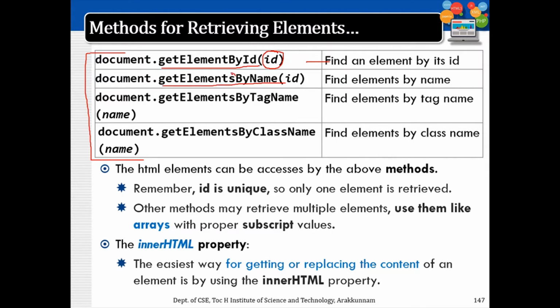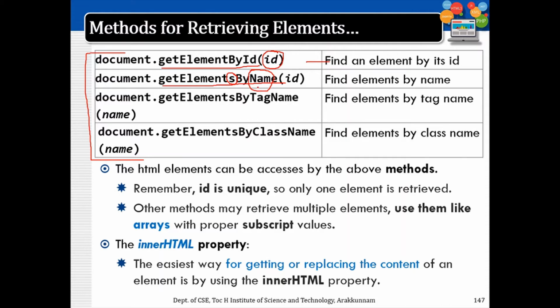The second one is getElementsByName. You can see here it is elements by name. Another property which we generally add to HTML tags is the name property, but the name property is not unique like ID. We can repeat the names. For example, hope you remember the grouping of radio buttons: all the radio buttons should be given the same name.